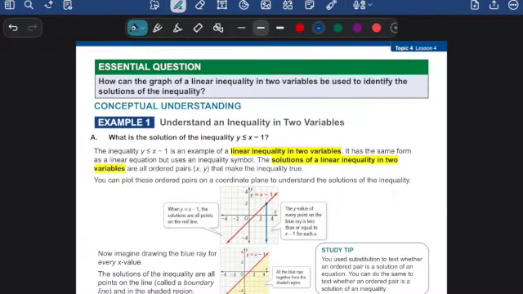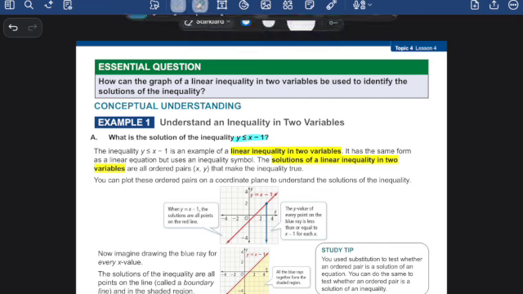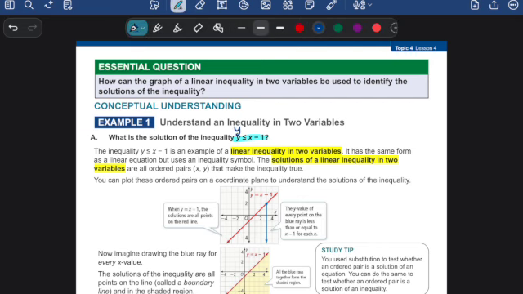So how can we use a graph to show the solutions for an inequality with two variables? In two variables just means we have x and y. And you can see, here's our first inequality. It's linear because it looks like slope-intercept form. It looks like y equals mx plus b, doesn't it? It just has a different symbol.